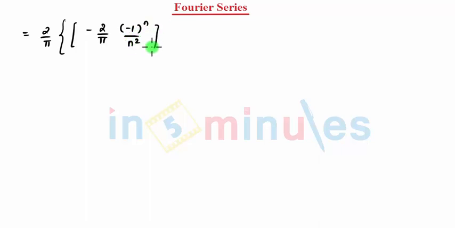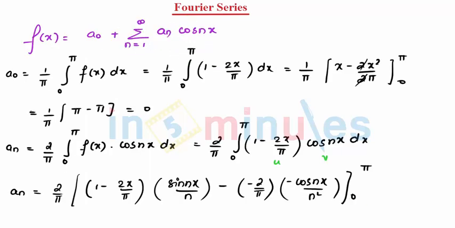That's my first term. When I put the lower limit as 0, first I get sin 0 as 0, and then minus minus minus, again I get 1 minus 2/pi, and cos 0 is 1, so I get 1 by n squared, so minus 2/pi n squared.